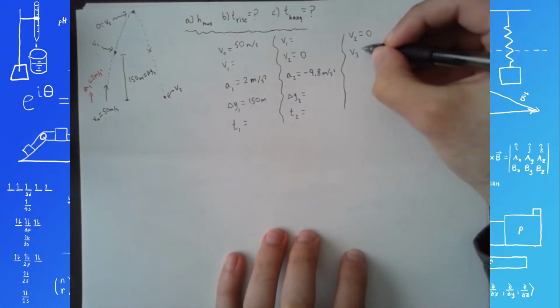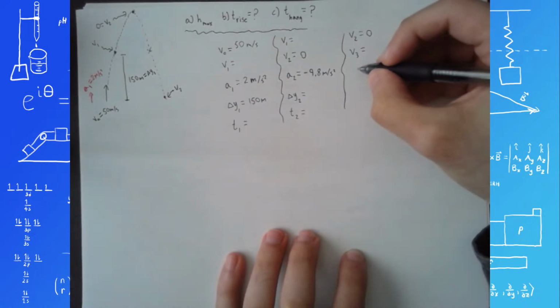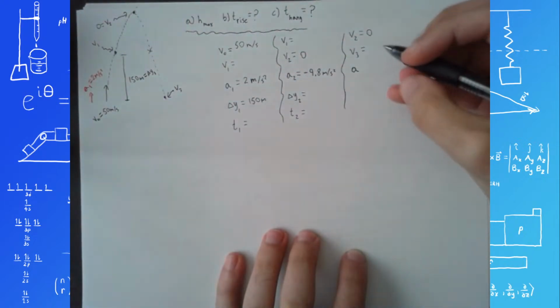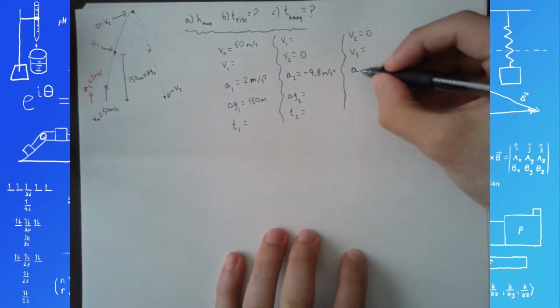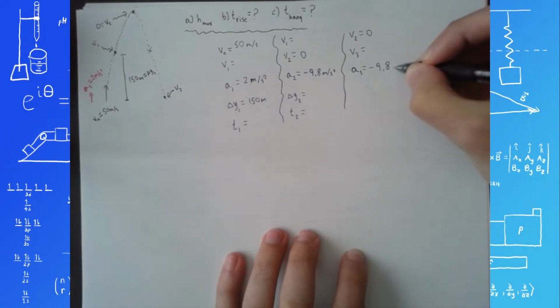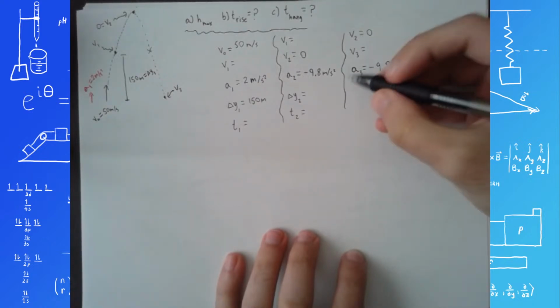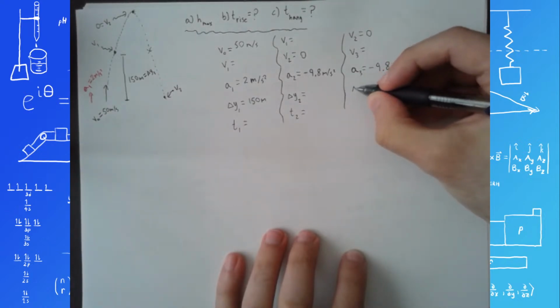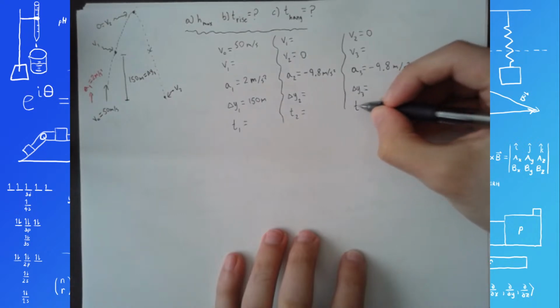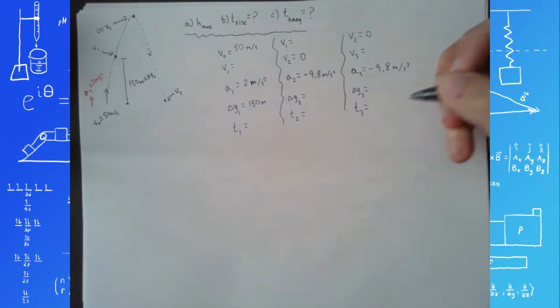It'll end with velocity V3. We don't know what that is yet. The acceleration for this phase is the same as it was for the previous phase, negative g, negative 9.8 meters per second squared. And then delta y3 we do not know yet. And t3 we do not know yet.